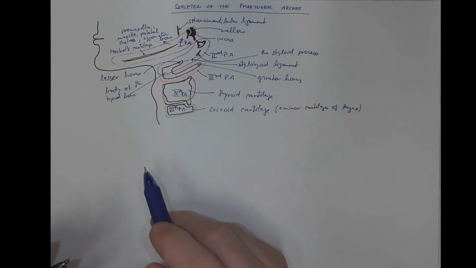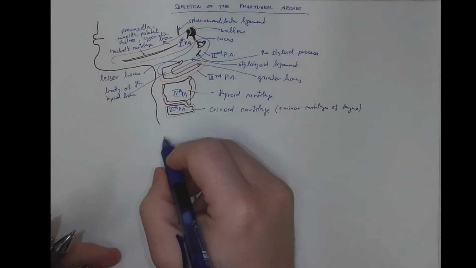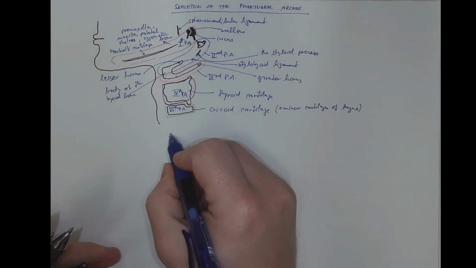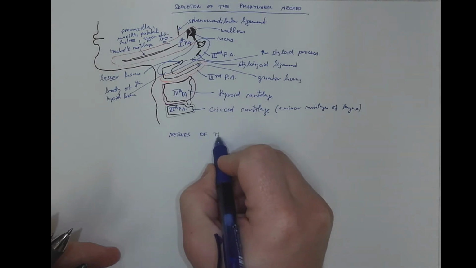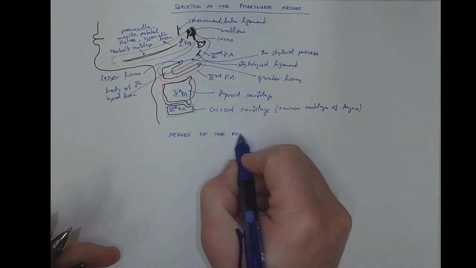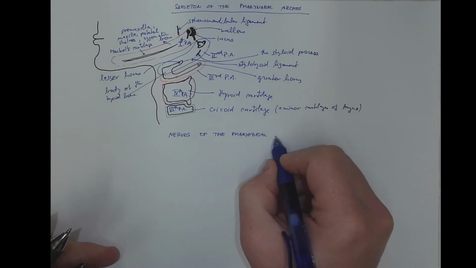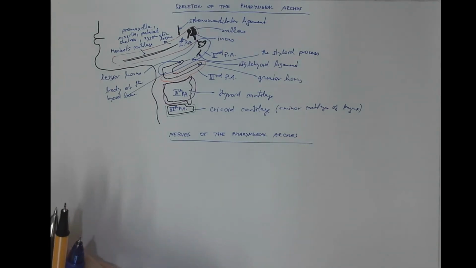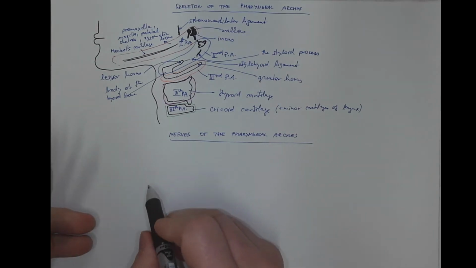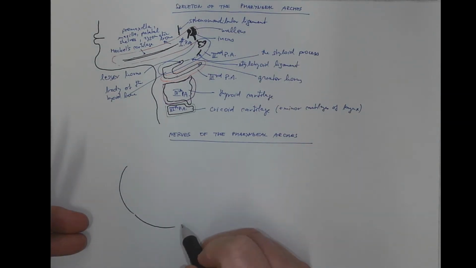When speaking about the development of the head, we should also not omit the nerves of the pharyngeal arches, because these are important structures appearing in the developing head.